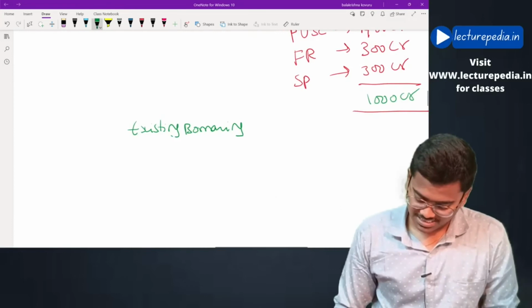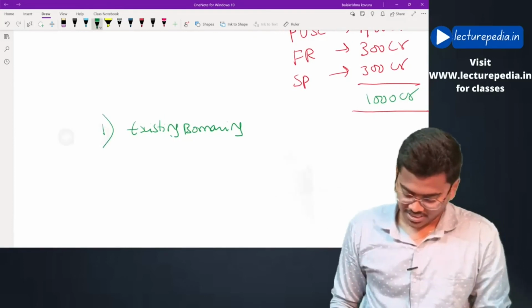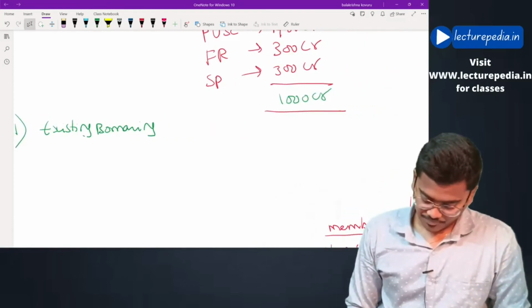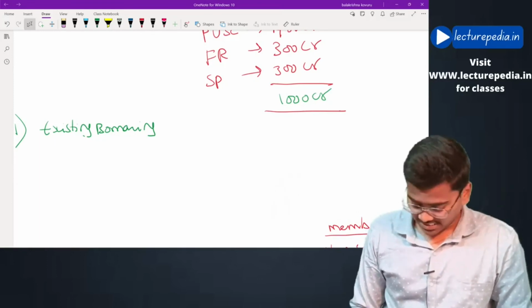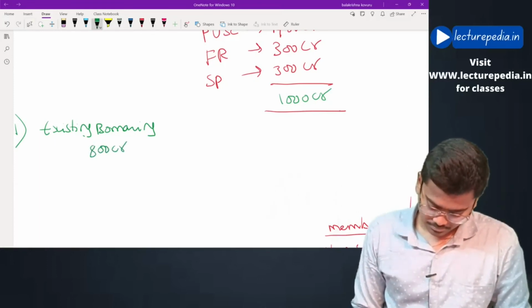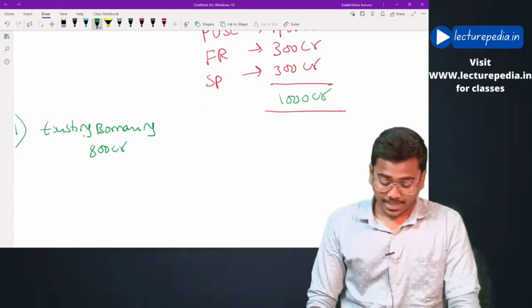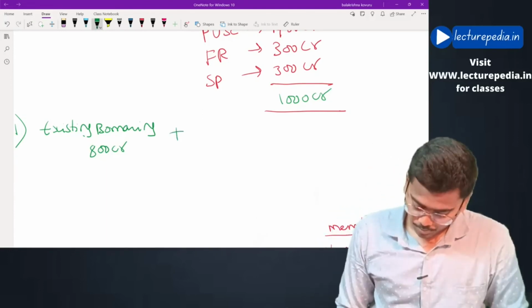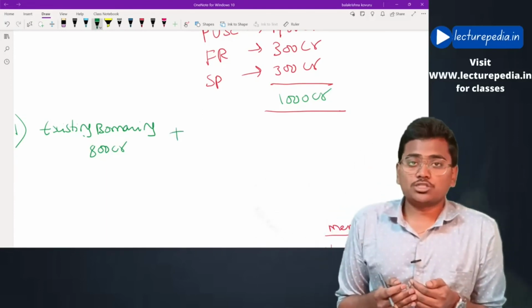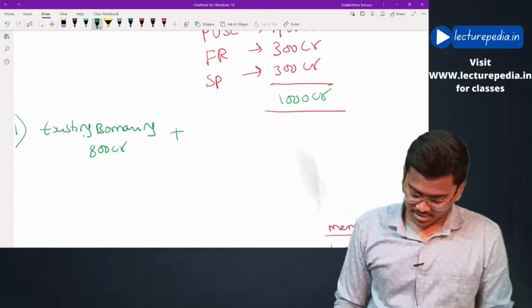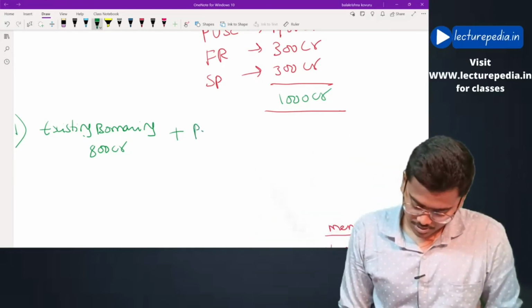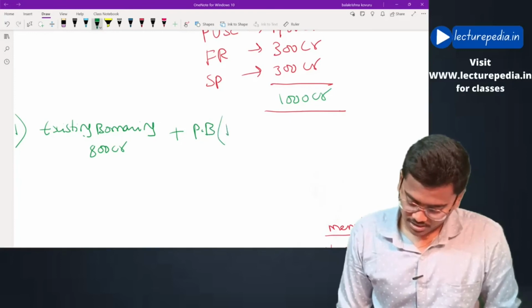This is case 1. In case 1, existing borrowing is, let's say, some 800 crores. And proposed borrowings. Now company wants to raise deposits. This is proposed borrowings, that are deposits.